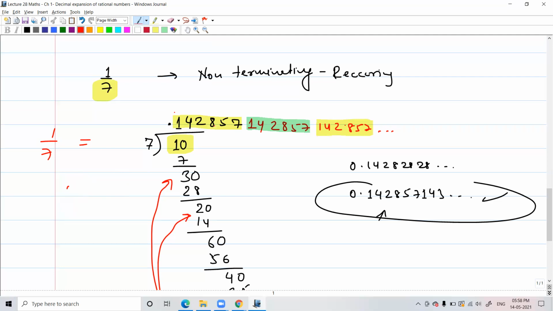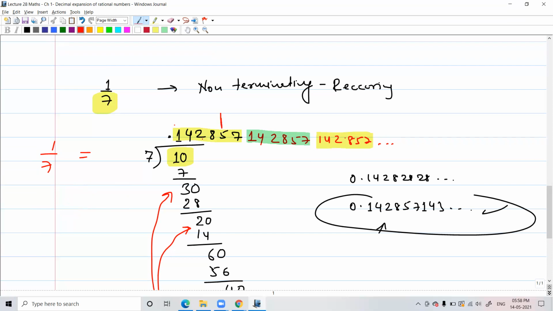If people had stopped early, they would have thought some different number is coming every time, so maybe this is a non-recurring number. But that's not the truth. You had to go up to 6 digits at least to make sure it is repeating or not.